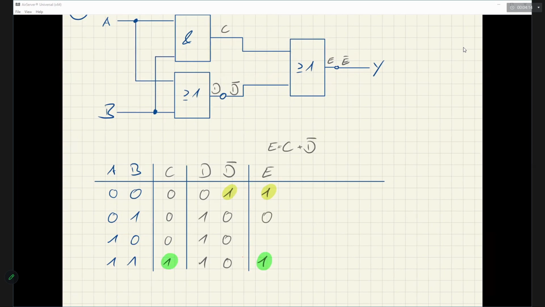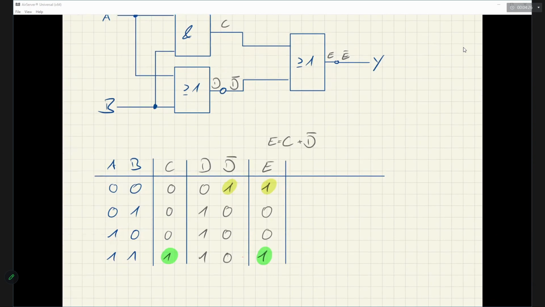And for the other cases, it is 0. And now our final output epsilon is E not. So epsilon is 1 if E is 0, and that's the case for these 2 bit patterns.